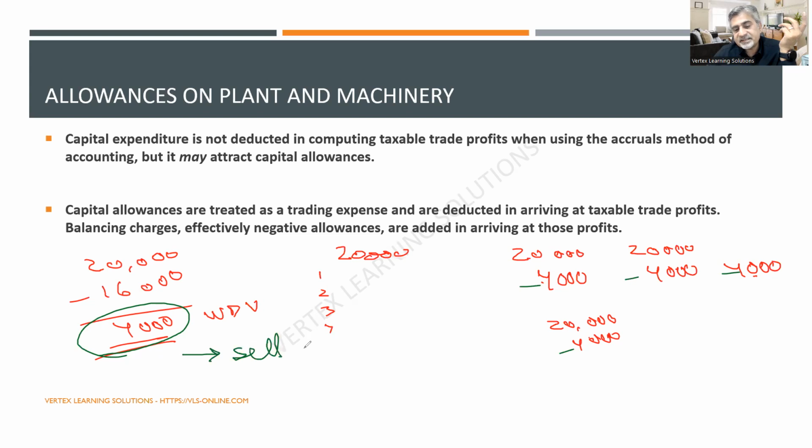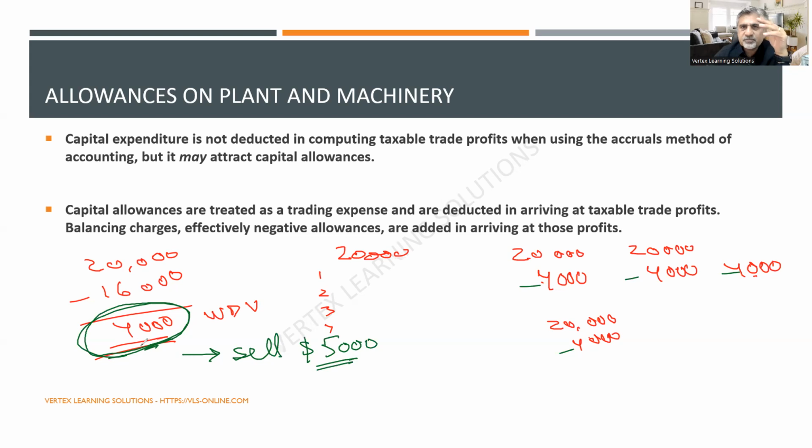And then you sell this asset. When you sell it for 5,000, it means that you have decreased the book value to 4,000. So you have charged more depreciation, because the written down value and the sale value are not the same.